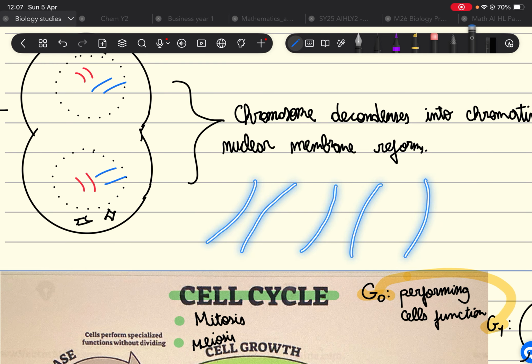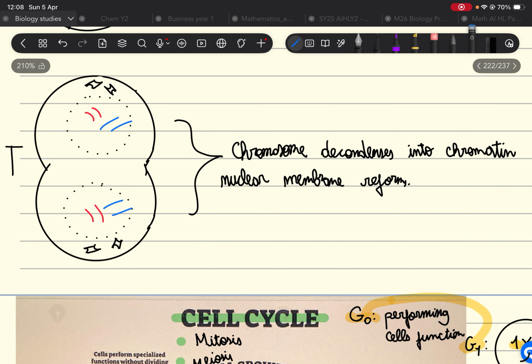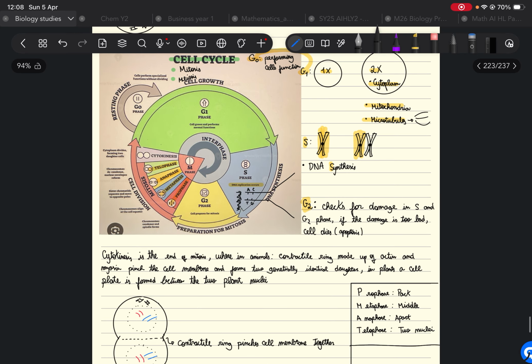Because we need those lines so we can read and make proteins. So the nuclear membrane starts forming around it. The chromosomes decondense into chromatin, and you can see how it's taking up the form of two cells. And the only thing that we need now is to make sure that this here is almost like a cut, right? Cytokinesis, which is the next part, which is where we're going to cut.